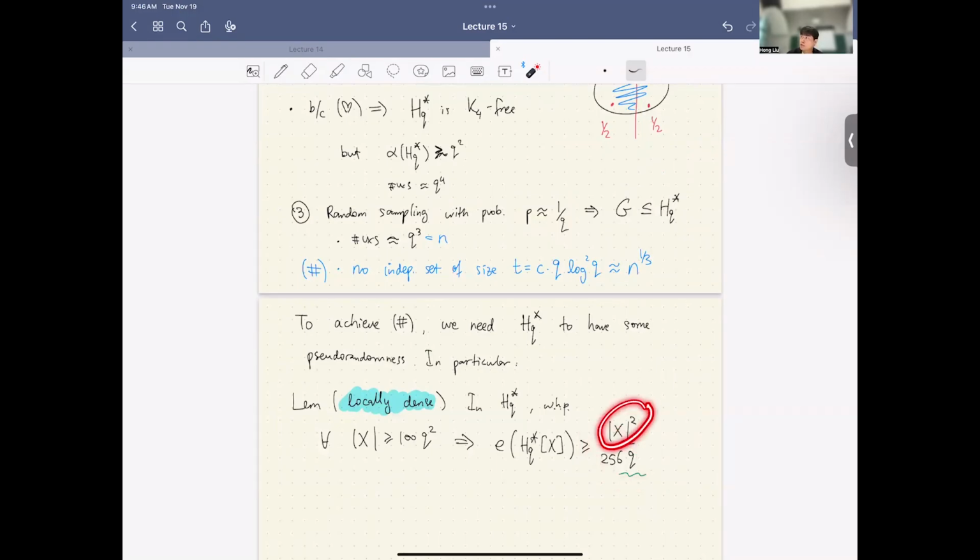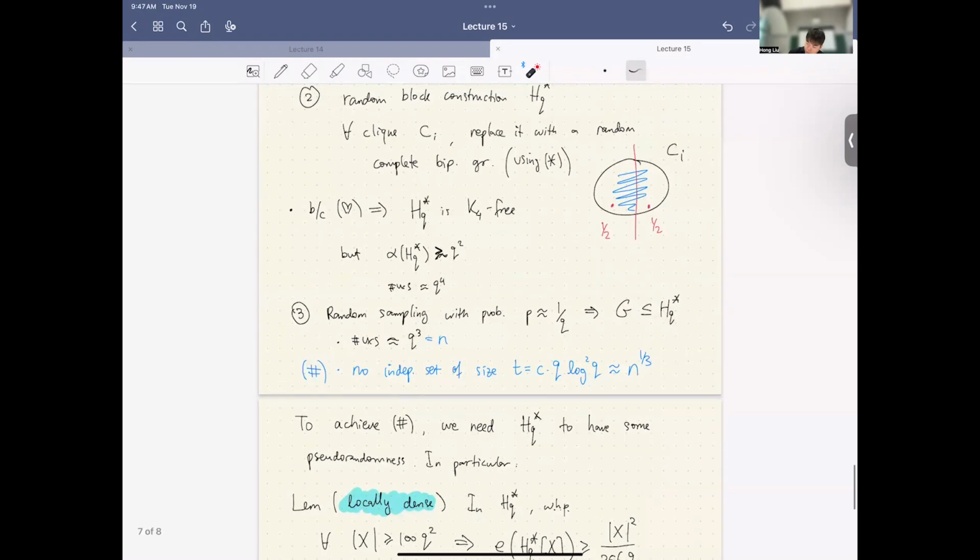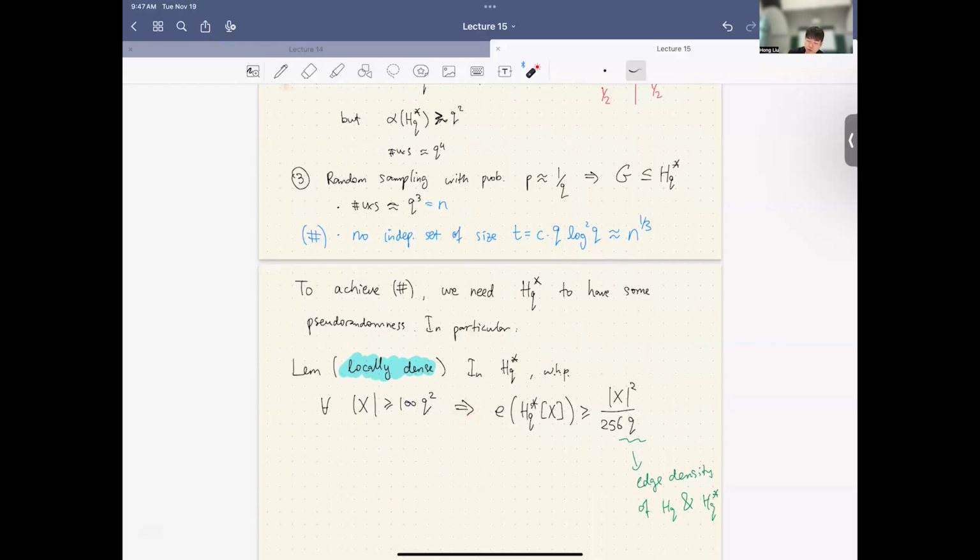This is the number of pairs in X, and 1/Q is the edge density of HQ or HQ star. So this is best possible. And also the requirement of at least Q squared is best possible, because HQ star contains an independent set of size Q squared. So if you take a small constant times Q squared, you could have 0 edges. This is also best possible.